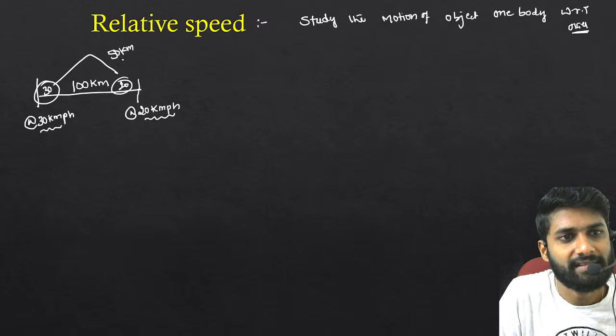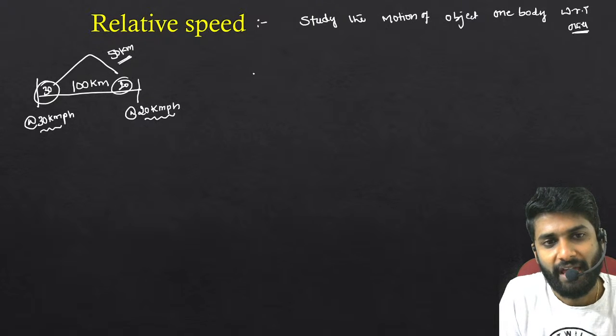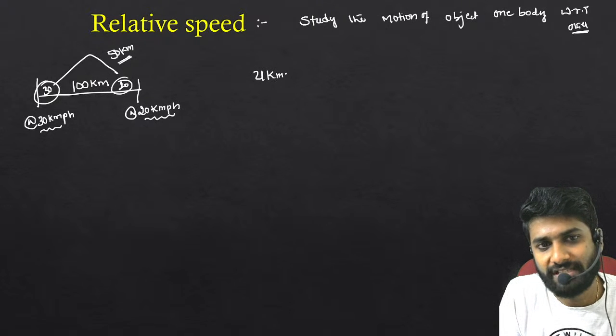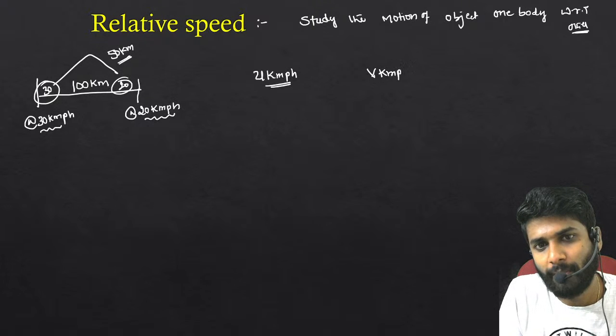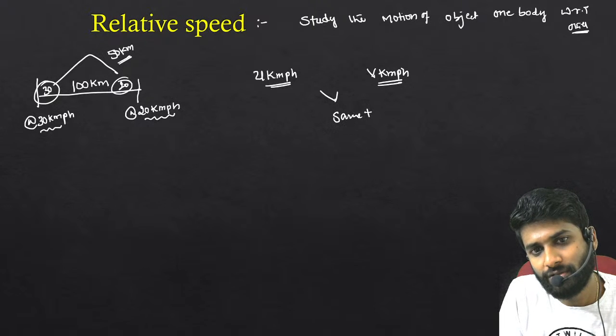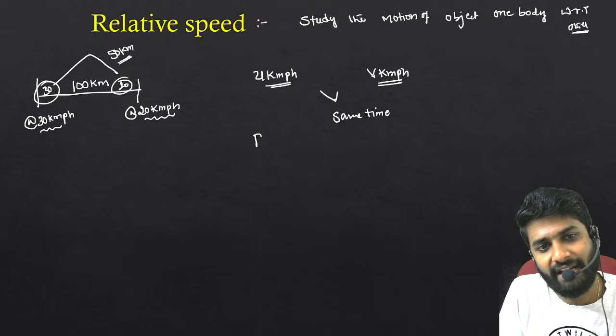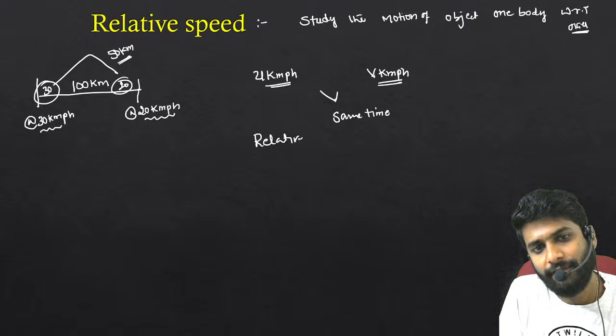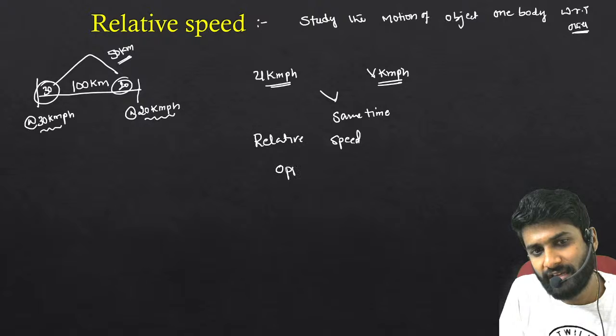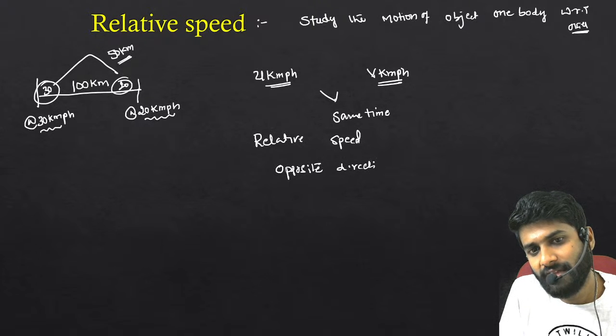Now, what is the observation? If one object is traveling at u kilometer per hour, and the other object is traveling at v kilometer per hour, and both start at the same time, then the relative speed, if two objects are traveling in opposite directions, is the addition of the two speeds.